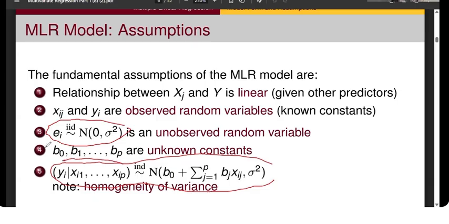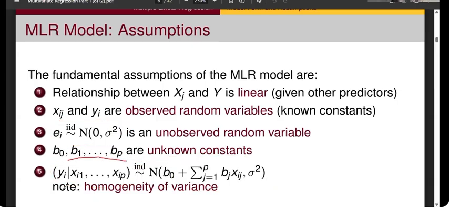We're trying to say that if I have a response variable conditional on the predictors, the moment the error follows a normal distribution, then the response will also follow a normal distribution.